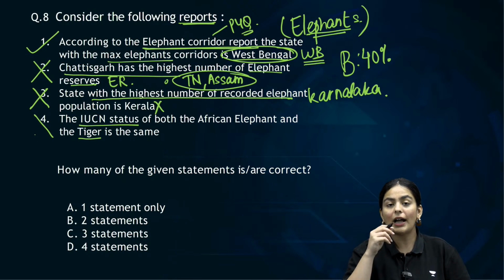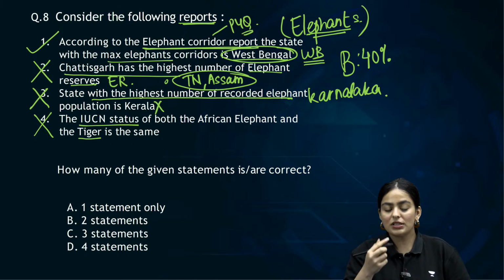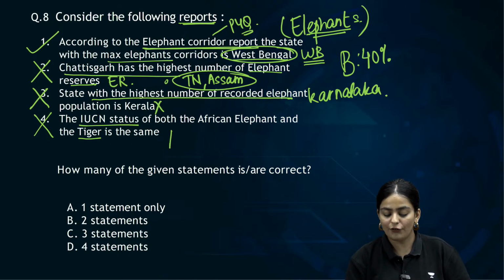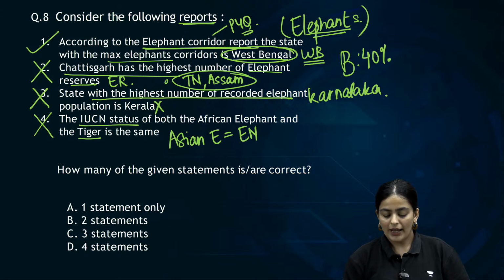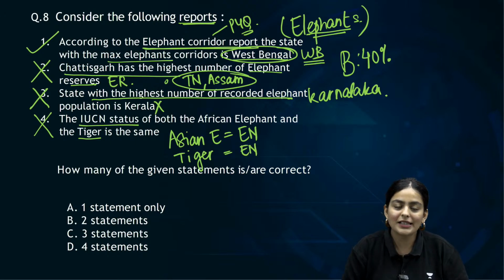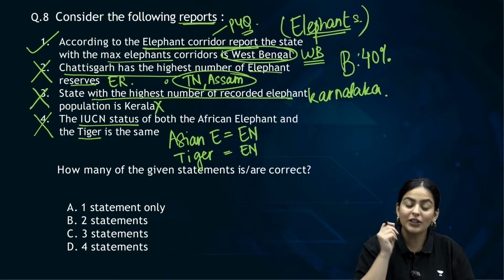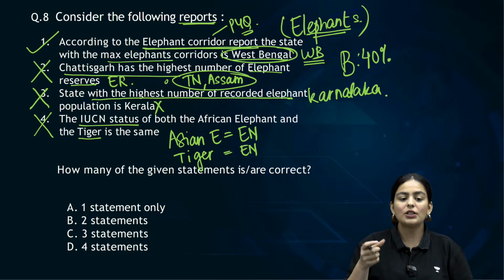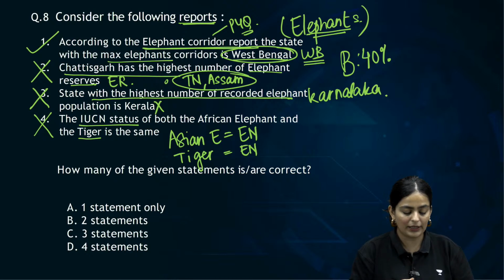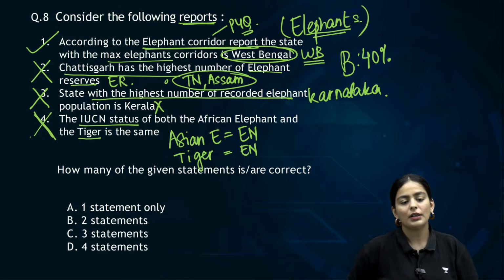Because the IUCN status of the Asian elephant is endangered, and the IUCN status of the tiger is also endangered. But the IUCN status of the African elephant is critically endangered. Clear? So it is not the same. Please remember that. So fourth is also incorrect.